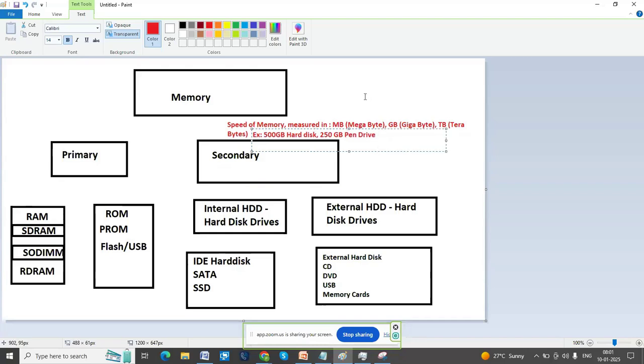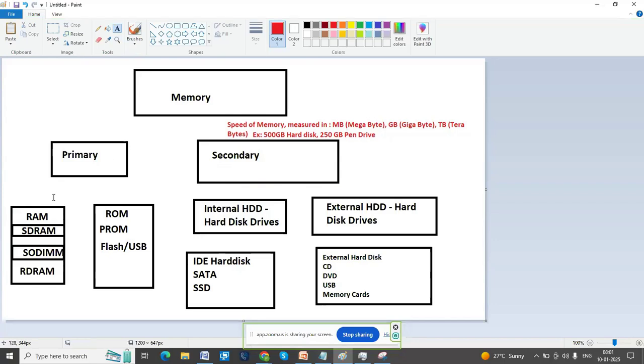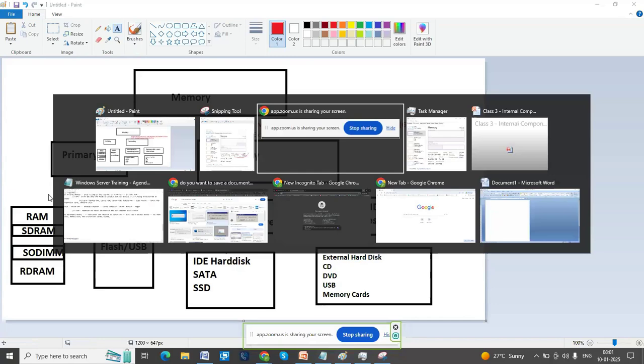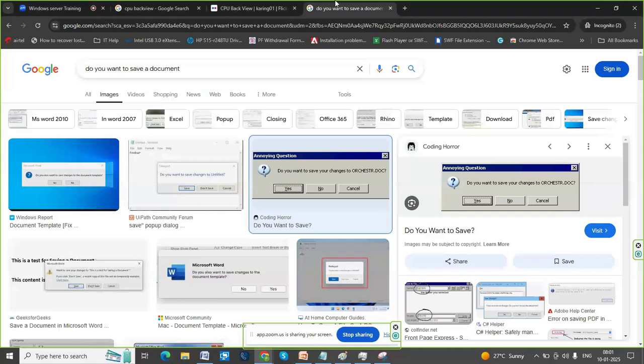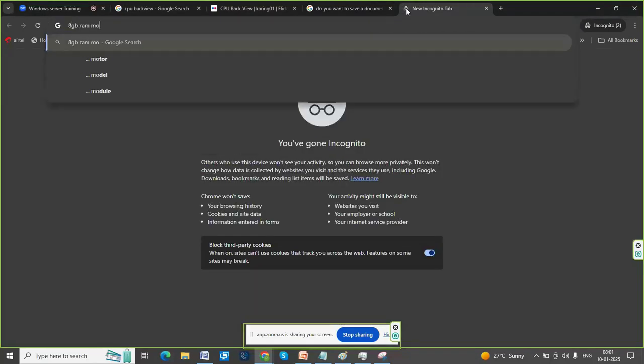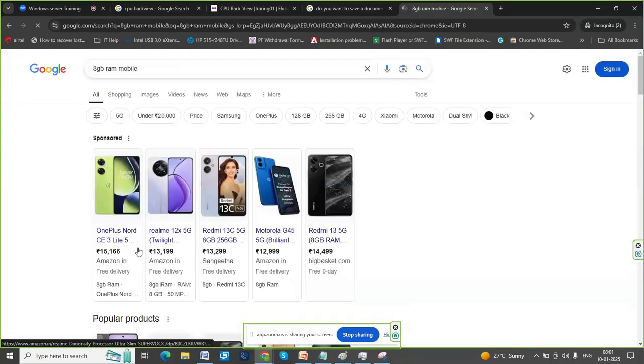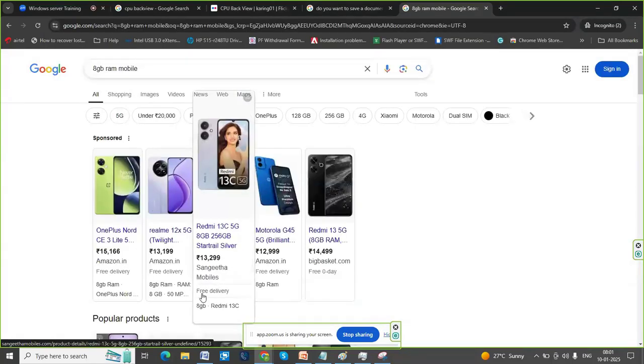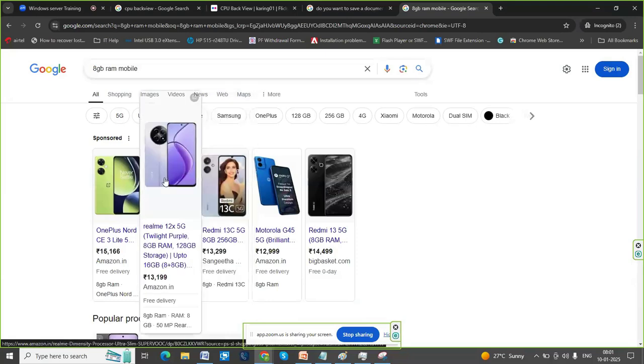Similarly, primary memory, nothing but RAM, is also measured in capacity, like 8 GB RAM. Where have you heard this? Let's take an example. 8 GB RAM mobiles. Do you find this? In the mobile, it clearly says 8 GB RAM. 8 GB RAM, 50 MP.